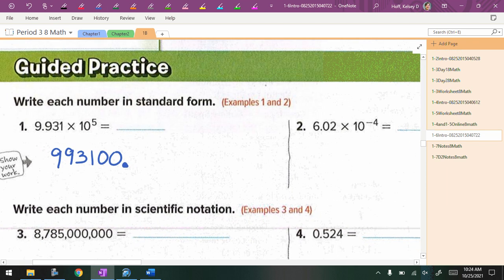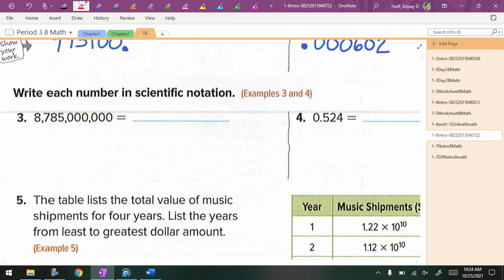Number 2, 6.02 times 10 to the negative 4th. Decimal point, 0, 0, 0, 6, 0, 2. Make sure your decimal point is out front. Number 3, 8.785 times 10 to the 9th power.